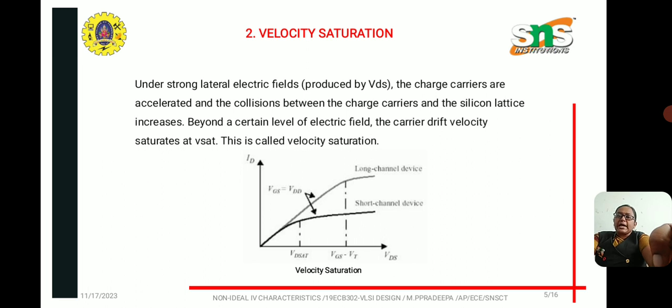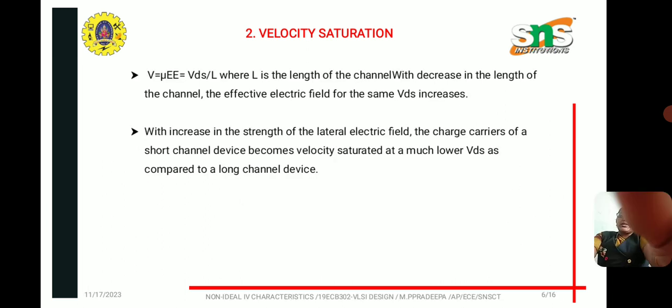So if I am applying a high drain to source voltage, the movement of my electrons in that pathway from source to drain will saturate. That saturation is called the velocity saturation. Here it is defined with an equation, that is V equal to mu into E, where mu is the mobility and E is the electric field. It can also be given by the equation E equal to VDS divided by L, where VDS is the drain source voltage and L is the channel length. So this is the velocity saturation.